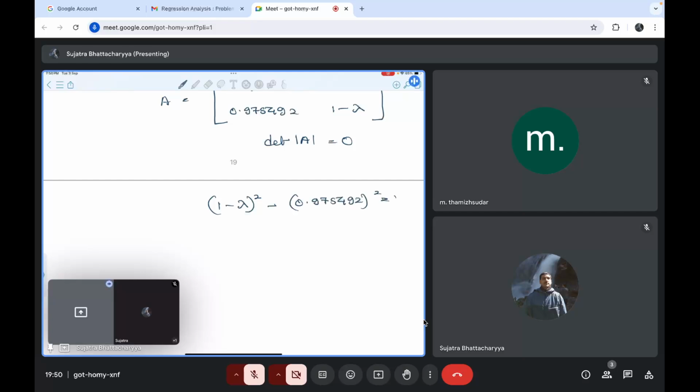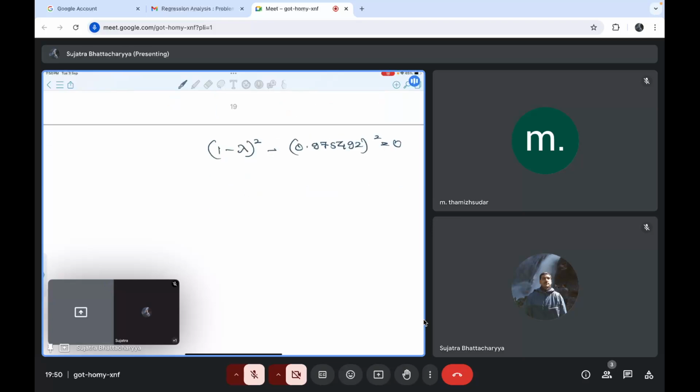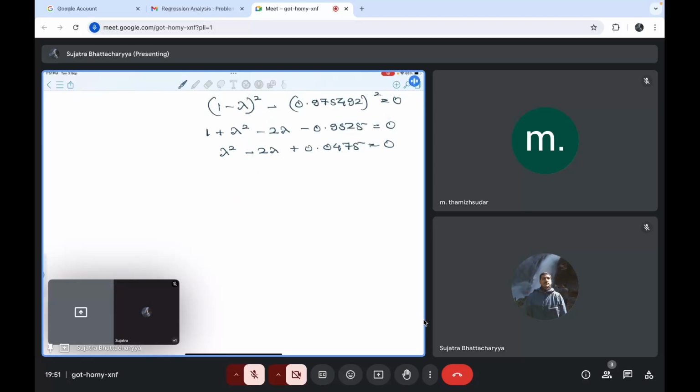This has to be equal to 0. If you reduce it, 1 plus lambda square minus 2 lambda minus 0.9525 equal to 0. Further, lambda square minus 2 lambda plus 0.0475 equals 0. And this is easy. It's just a quadratic solution.